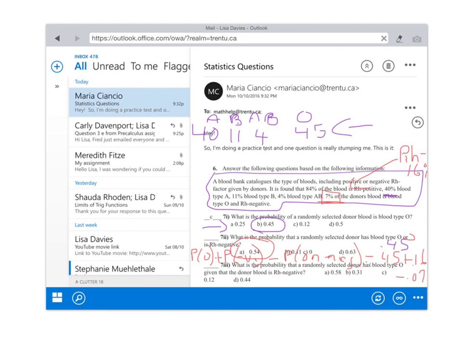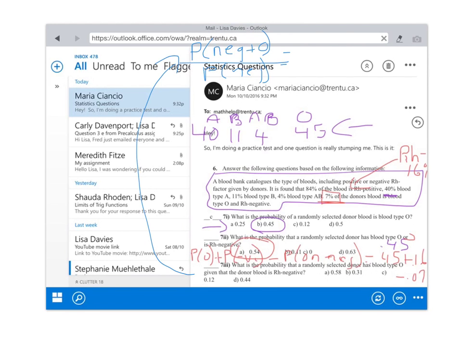What we want to do is find the probability that it's negative and type O, given that it's negative. That means divided by the probability of it being negative.